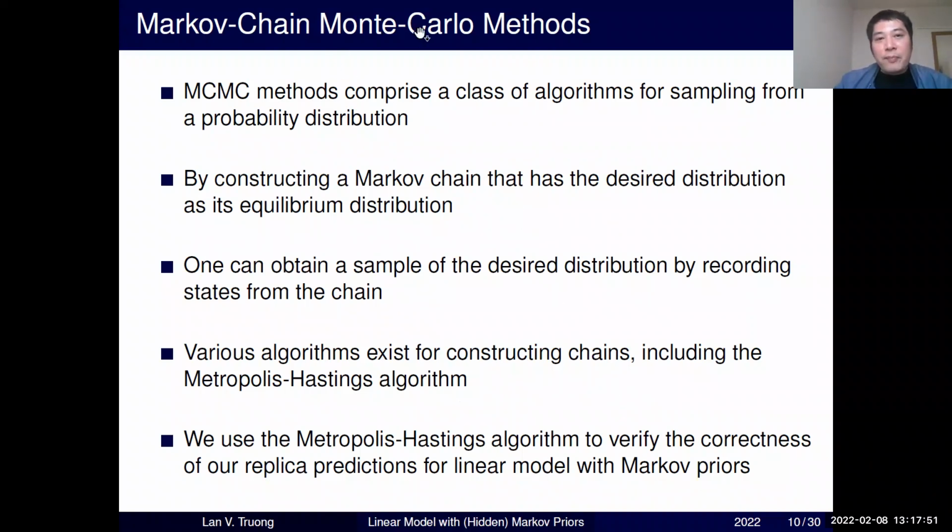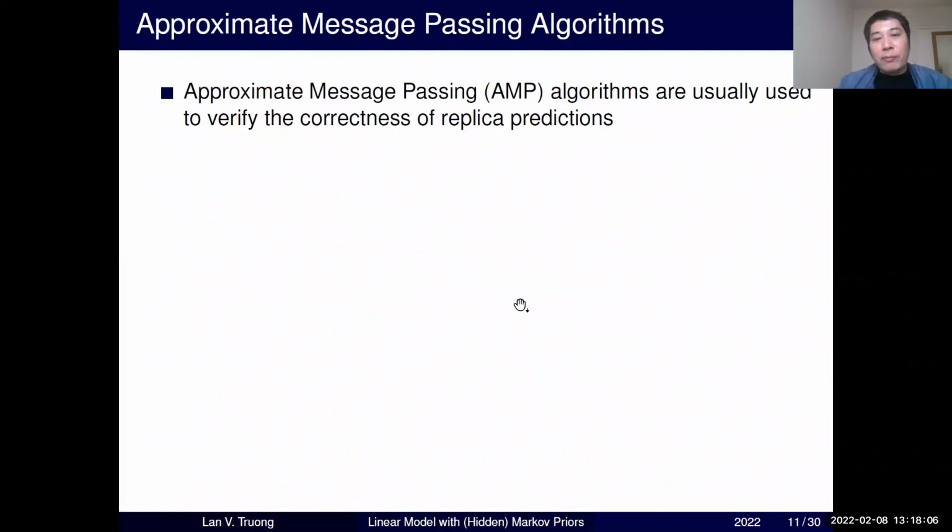However, this method is not always feasible in practice because of complexity. So we also need to use other methods. For the linear model with hidden Markov priors, because of the high complexity, it is difficult to use MCMC. So we use another method called the approximate message passing algorithm.